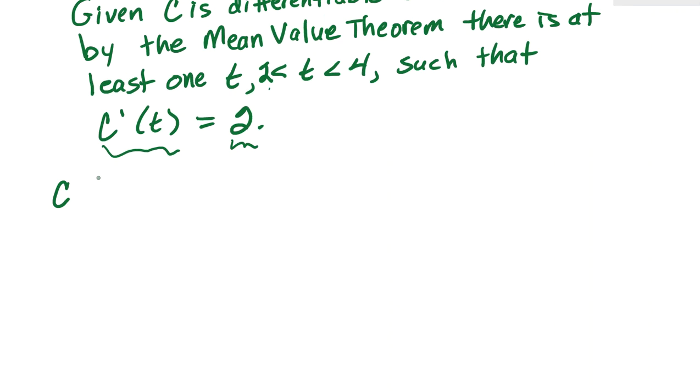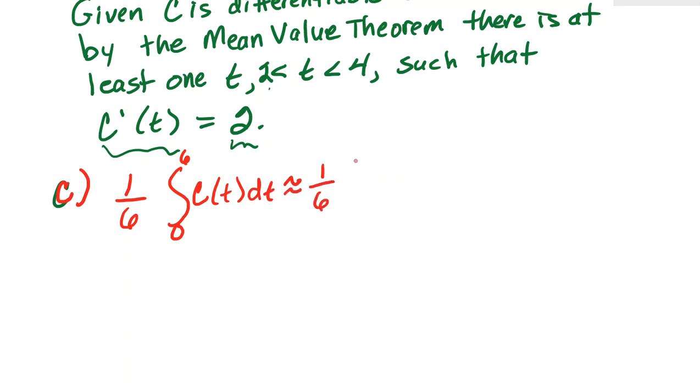So for problem C, we could say that we're going to approximate what they asked here, the integral from 0 to 6 of C of t dt. We're going to approximate this with 3 midpoint rectangles.